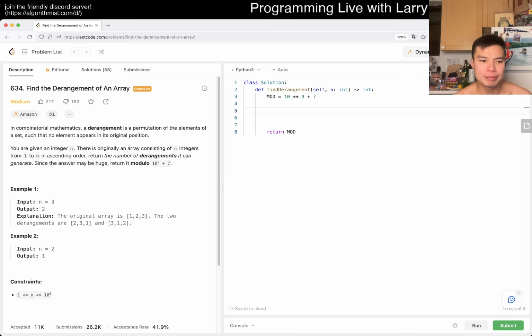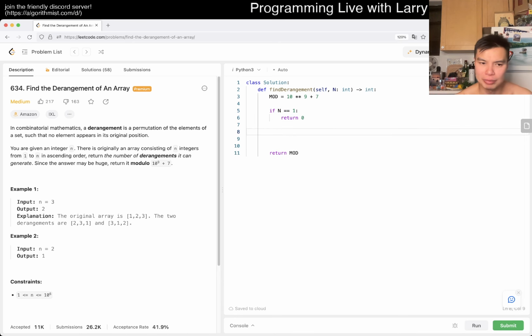Okay, so if n is equal to 1, we have 0, right? And I'm just going to convert this to big N. Then we have 0. And then let's say now we have 2. How do we look at one at a time?